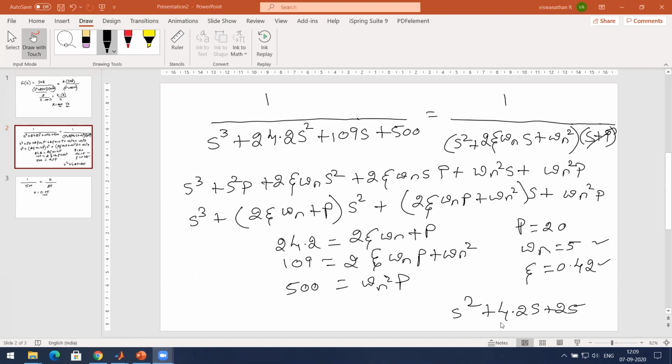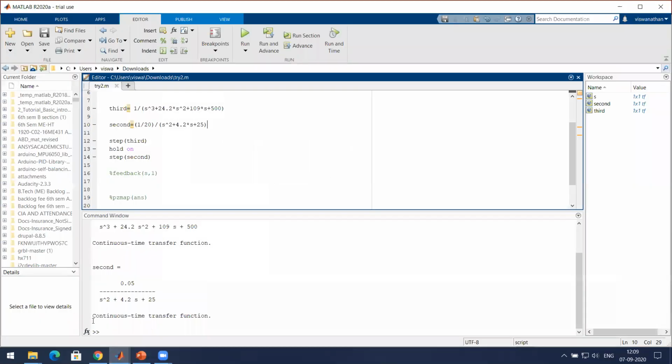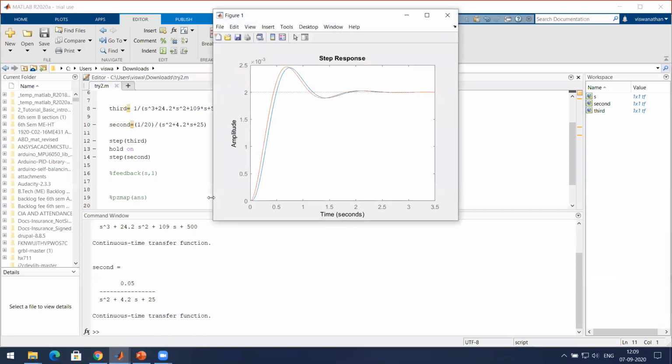Once you get that, you know what is this equation, and then find out k by putting s is equal to 0, okay, k you got as 0.05. The same thing you check with the MATLAB to see if it is working. So 1 by 20 is nothing but 0.05. You can put as 0.05 or 1 by 20. And then you compared the third order system with the approximated second order system and found to be approximately equal.